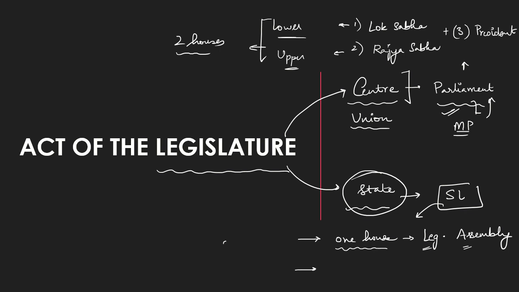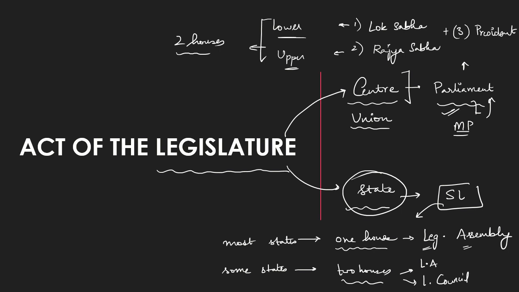So, I said that in most states you have only one house, but in some states, you have two houses. Is that okay? In some states, you have two houses. So you have what is known as the Legislative Assembly. The other one is called the Legislative Council.